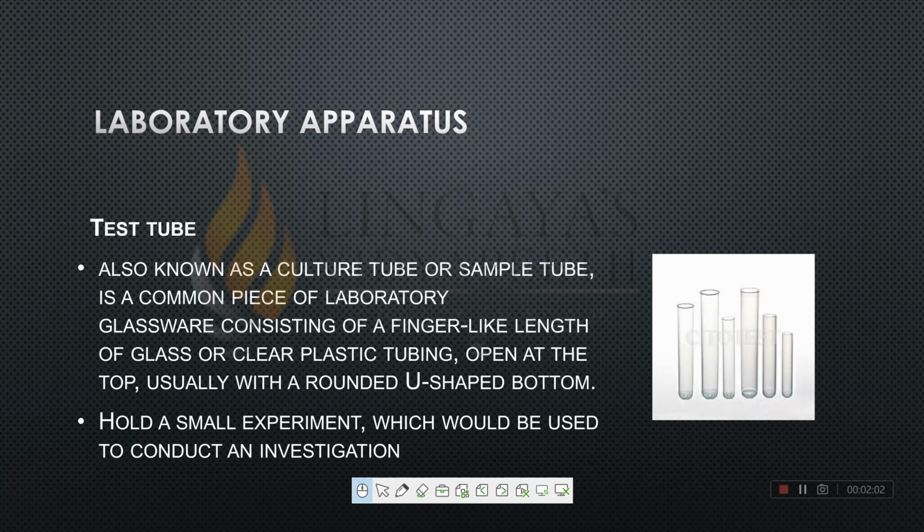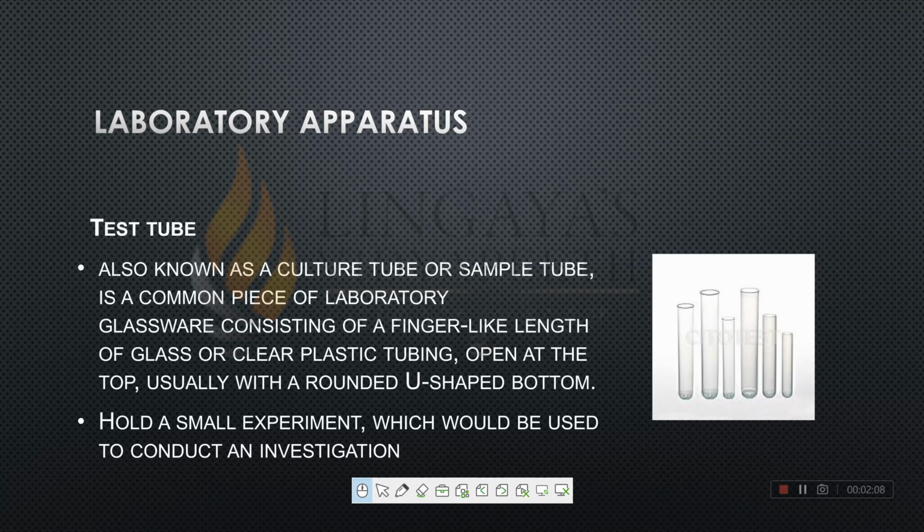These are very important to hold small experiments which are used for the investigation processes. Mainly the glass test tubes are used in the hematology laboratory, in the biochemistry laboratories and the microbiology laboratories. It consists of a finger-like length of glass or clear plastic tubing, open at the top with a rounded U-shaped bottom.